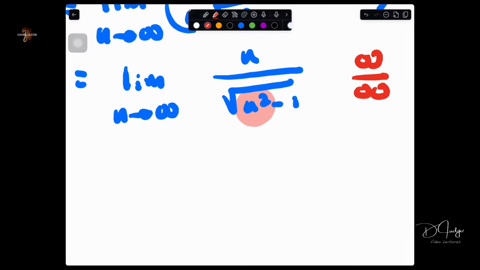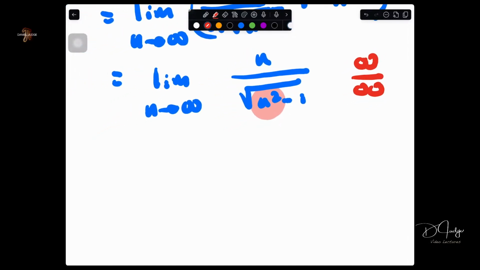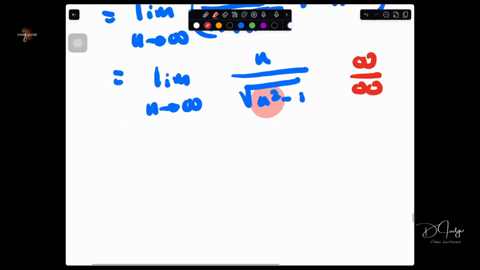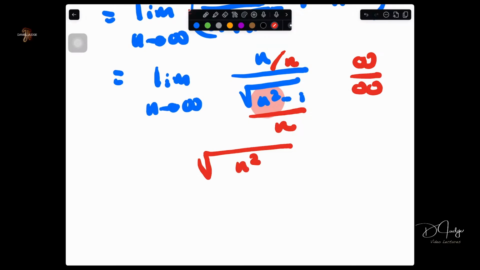Now, believe it or not, you look at this and you say, well, it must be n squared. And the answer is no. You're going to divide by n. And you say, why? Because you really have the square root of n squared there, ladies and gentlemen, which is n.